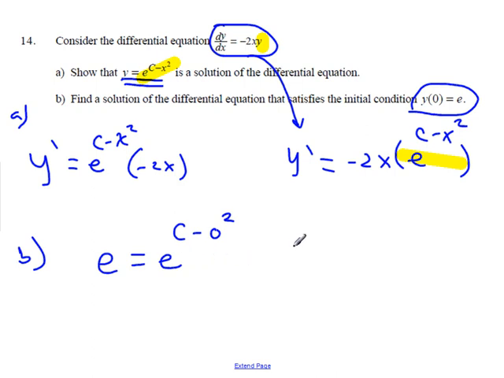So therefore, c must equal 1. So our specific solution to this differential equation, meeting this initial condition, would be y equals e to the 1 minus x squared.